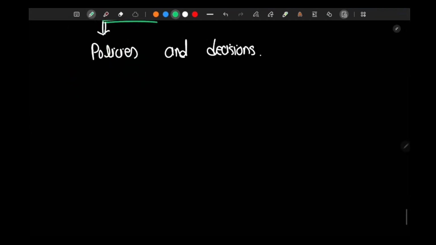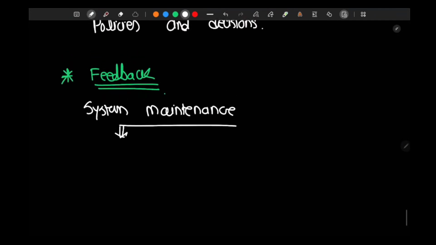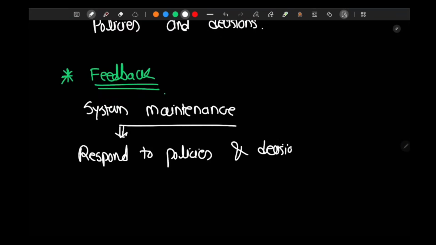And then there is feedback. What is feedback? It is for system maintenance. People will respond to policies and decisions.